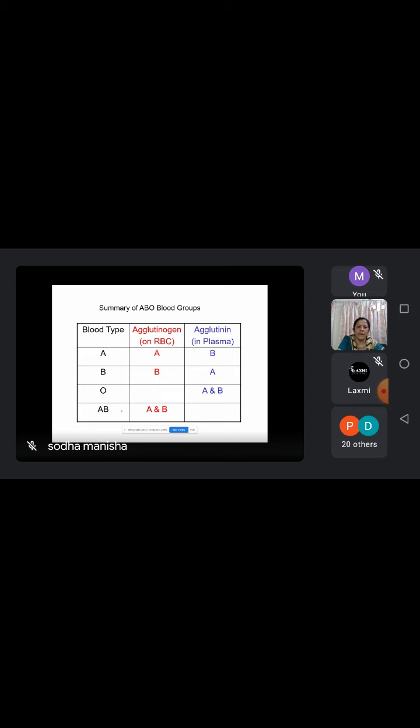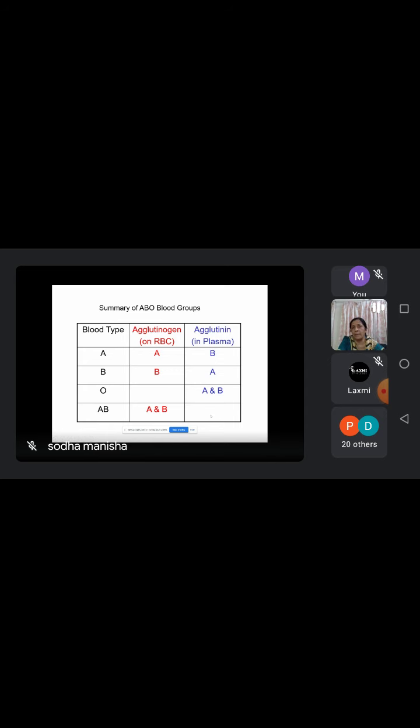Now blood group AB: here no agglutinin is present, neither A nor B. Agglutinin is absent in this case. So a person with blood group AB can receive blood from all types.